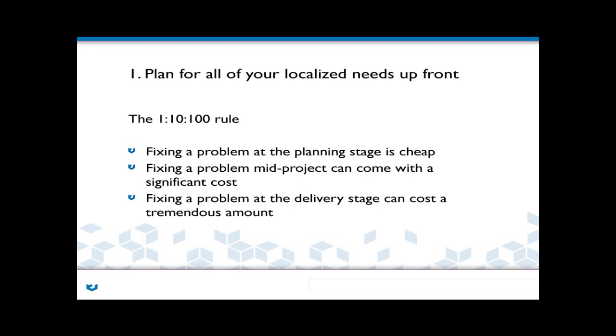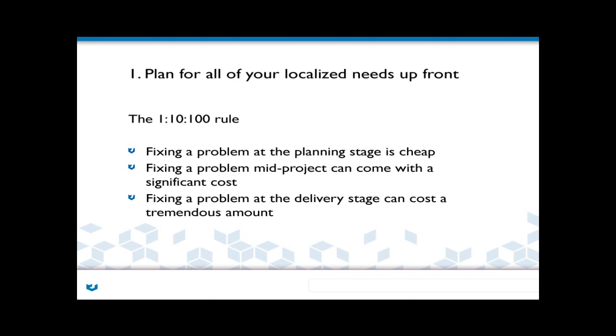One thing that I like to talk about is the 1-10-100 rule. We used to use this in software development, but it also applies to localization as well. When you run into a problem, fixing it at the very beginning or planning stage and accounting for it is a very cheap solution. You're able to really react and solve problems relatively cheaply and easily when you're still at the planning stage.